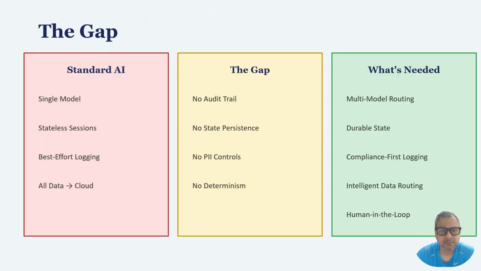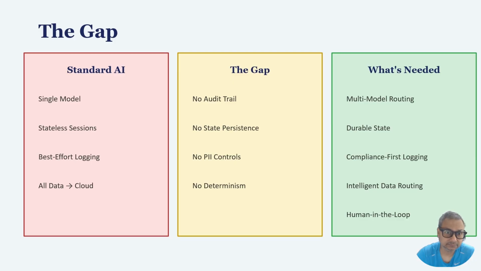This gap cannot be bridged by improved prompts. It represents a structural mismatch between the design of general-purpose AI frameworks and the actual requirements of regulated industries. On the left, what standard AI gives you: a single model for every task, stateless sessions, compliance as an afterthought, all data routed to the cloud.